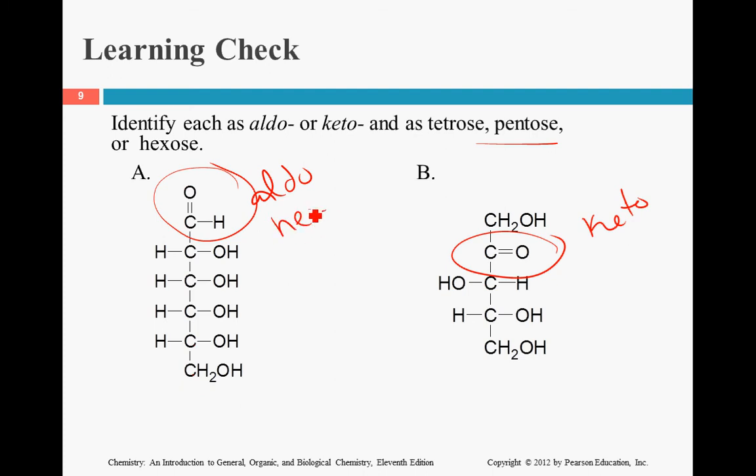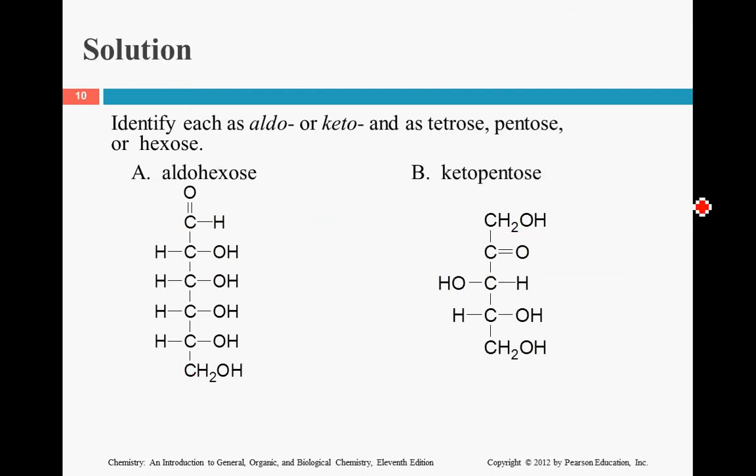Their prefix is hex, so it's hexose. 1, 2, 3, 4, 5. The prefix is pent, so it's pentose. So it's aldohexose and ketopentose. And there's the correct answers. That is the end of section 1, the introduction to carbohydrates.